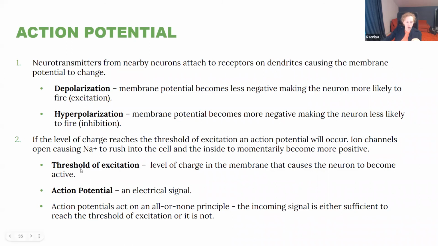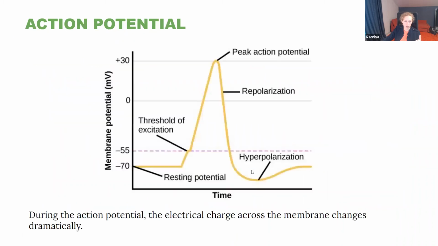The other two definitions are threshold of excitation and action potential. The threshold of excitation is the level of charge in the membrane that causes the neuron to become active, and the action potential is an electrical signal itself. During the action potential, the electrical charge across the membrane changes dramatically.